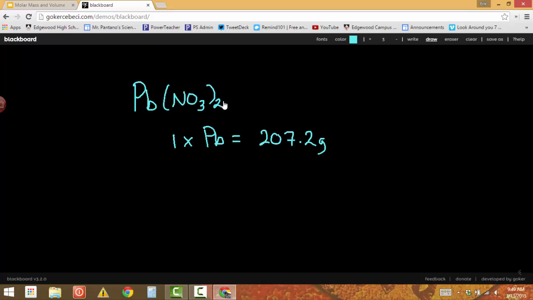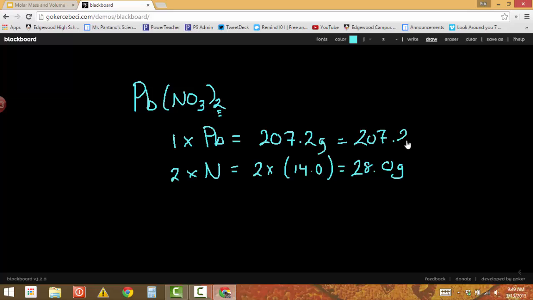Now this 2 under here actually distributes over both of these. So I have 2 nitrogens, 2 times the N inside. So that's 2 times 14.0, and that's 28.0 grams.